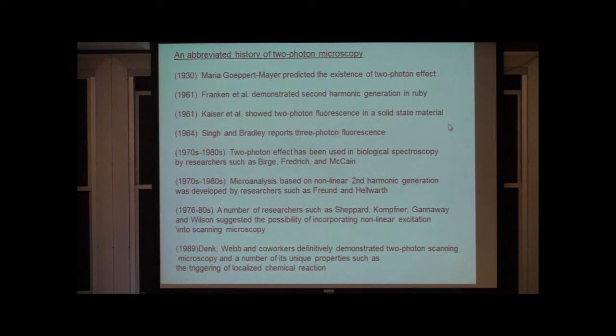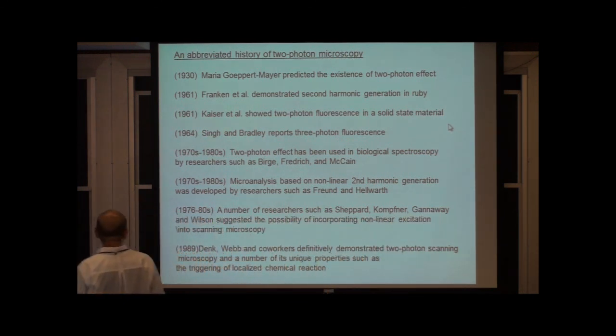So biological multiphoton imaging didn't happen until almost the 1990s, when Dr. Winfried Denk and Dr. Watt Webb at Cornell University, with the invention of the titanium sapphire laser and other femtosecond laser sources, demonstrated the first two-photon imaging in 3D of a biological specimen.